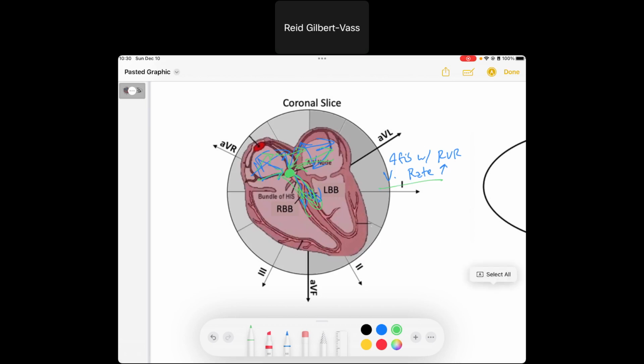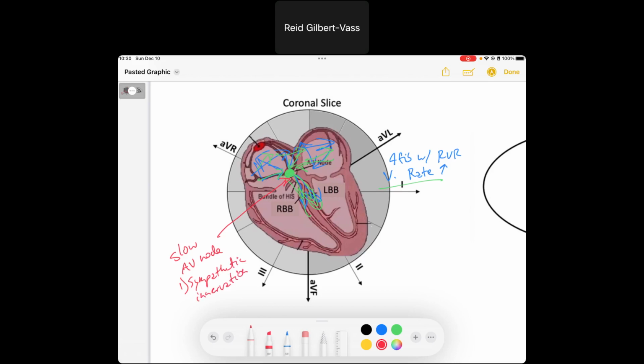So if we want the rate to decrease, our goal would be to slow the AV node. Well, there's a couple ways that we can do that. We know that the AV node has sympathetic innervation.